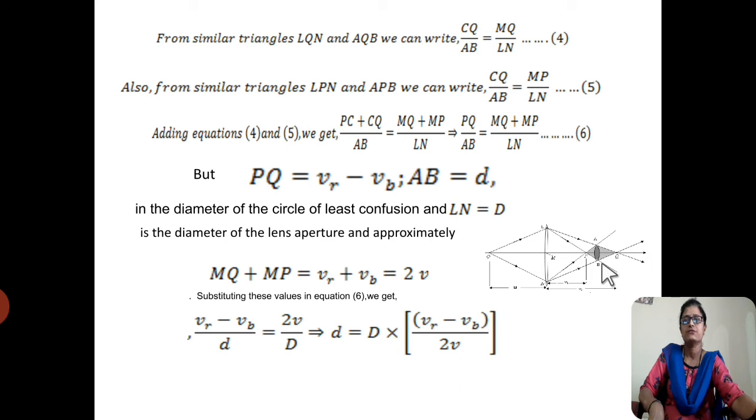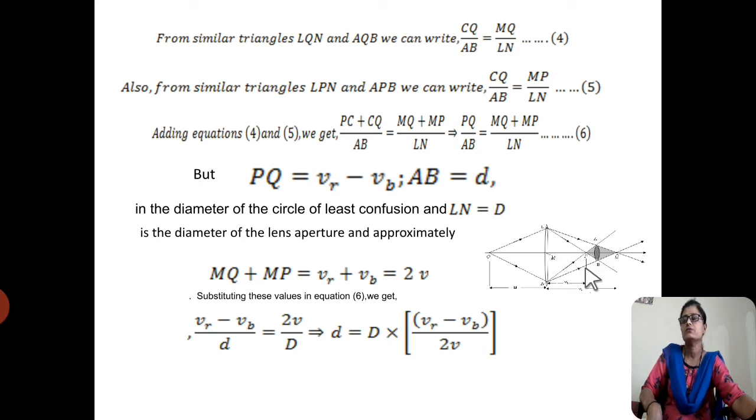LN is the diameter of the lens aperture, and it can be taken approximately as D. Therefore, MQ plus MP is equal to VR plus VB, where MQ is the image of the red ray and MP is the image of the blue ray.